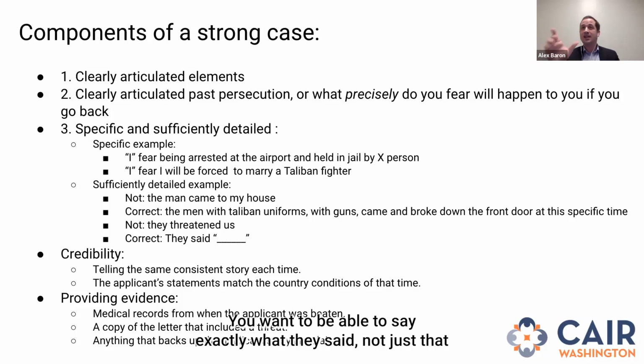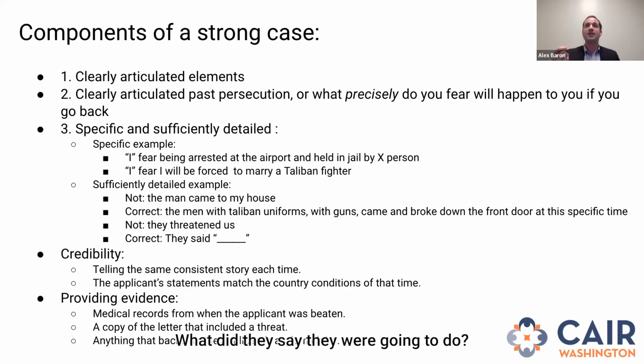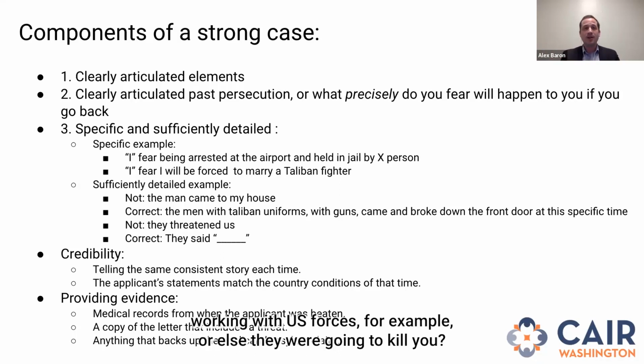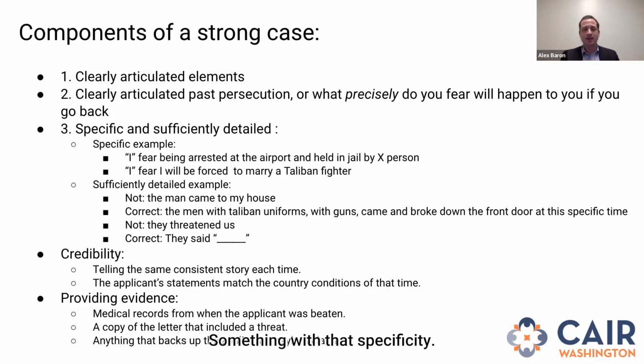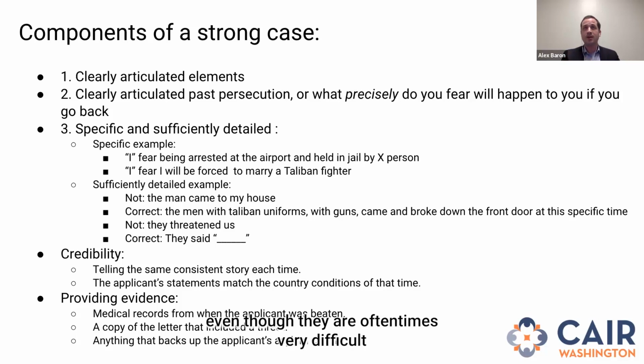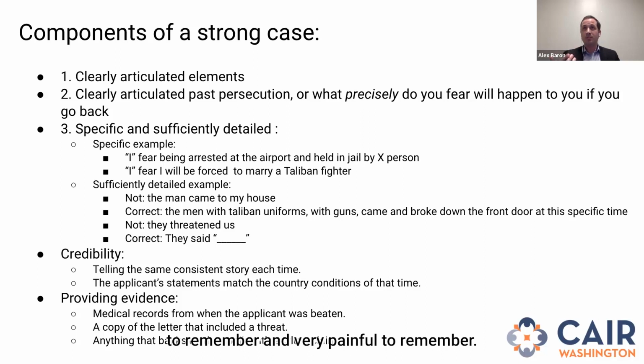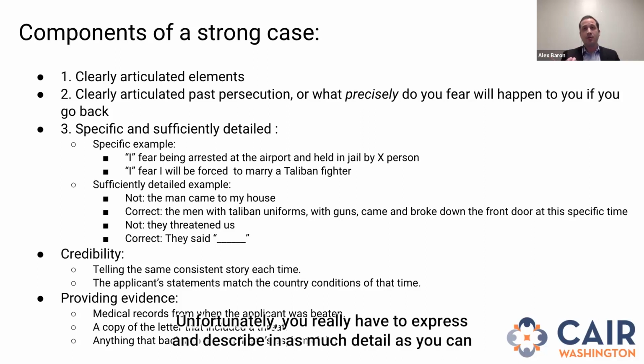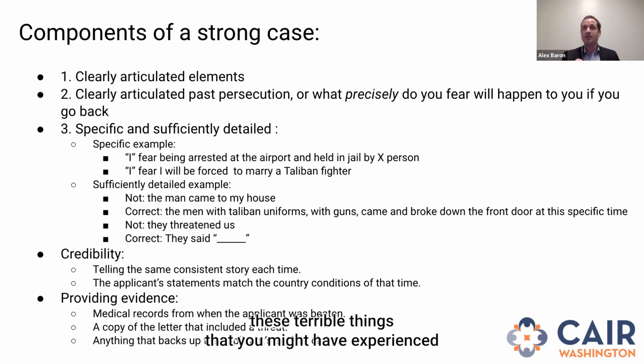You want to be able to say exactly what they said, not just that they threatened us, but what did they threaten? What did they say they were going to do? What did they want you to stop doing? Did they want you to stop working with US forces, for example, or else they were going to kill you? Something with that specificity. So you want to be able to express those things clearly, even though they are oftentimes very difficult and very painful to remember. Unfortunately, you really have to express and describe in as much detail as you can these terrible things that you might have experienced.